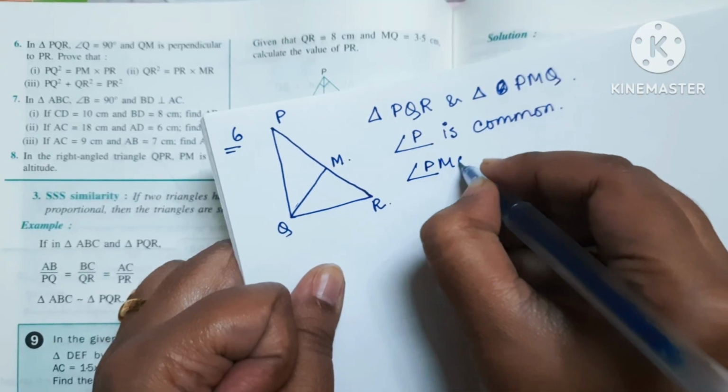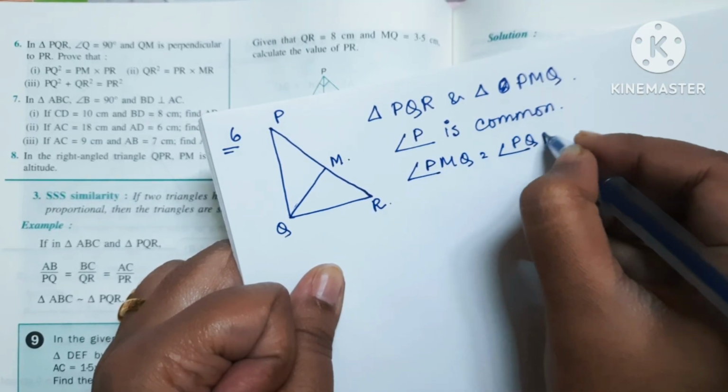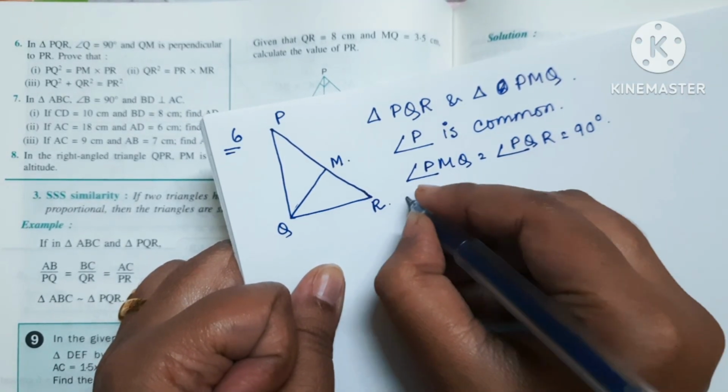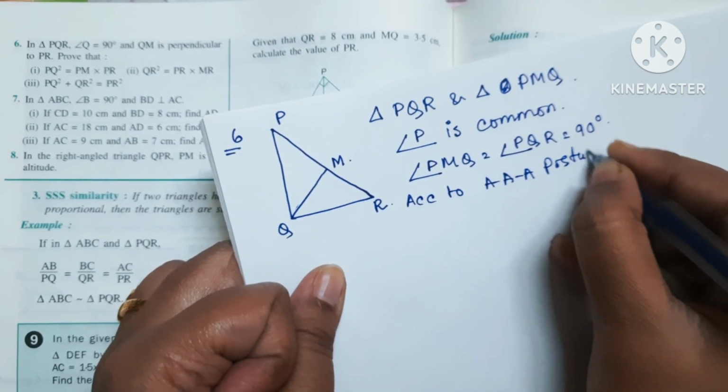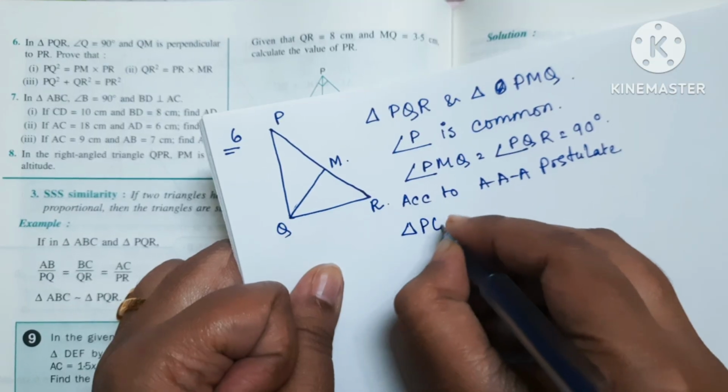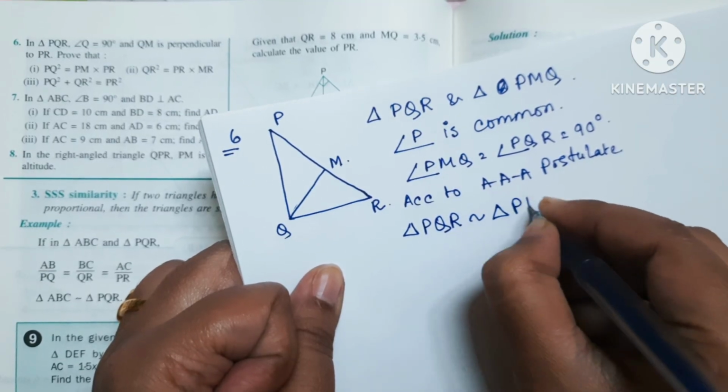Angle PMQ is equal to angle PQR, that is equal to 90 degrees. So according to AAA postulate, triangle PQR is similar to triangle PMQ.